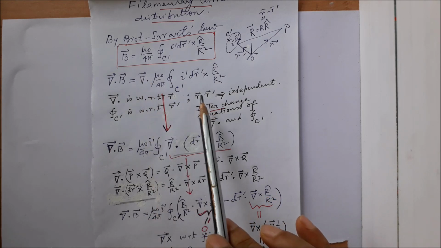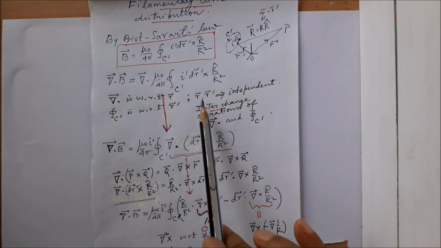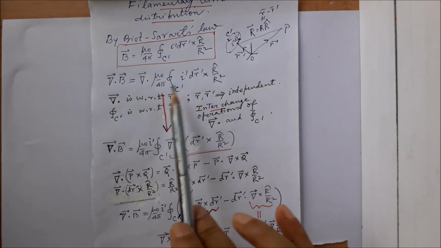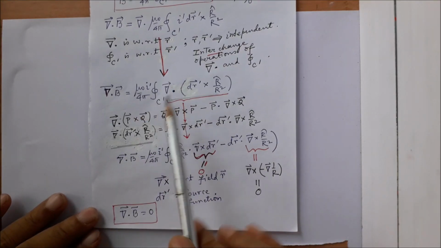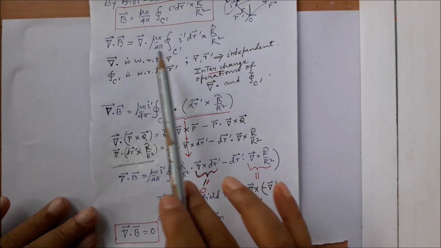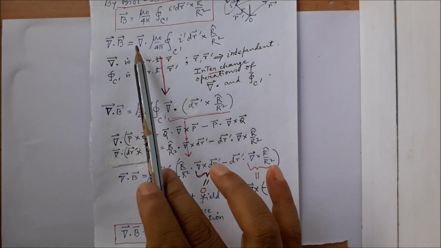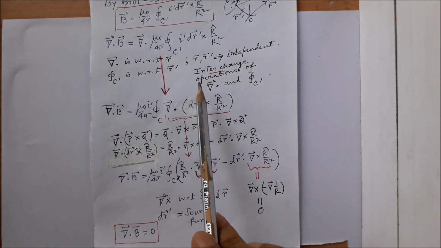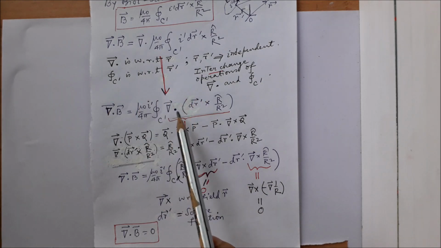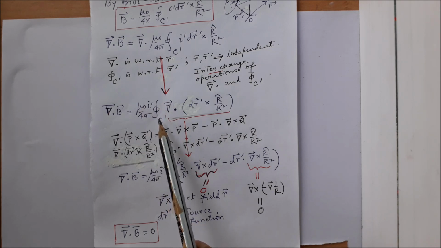Now since source coordinate and field coordinate are independent, we can interchange these two operations, and if we do that, we end up with this expression. Now in this expression we first do the integration and then take divergence, but after this interchange we take first divergence and then we take integration over source.